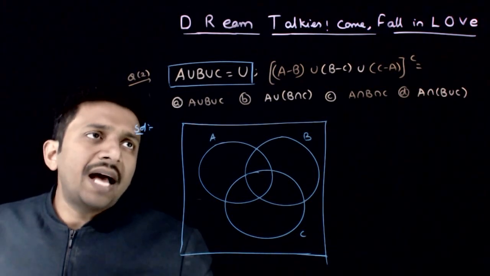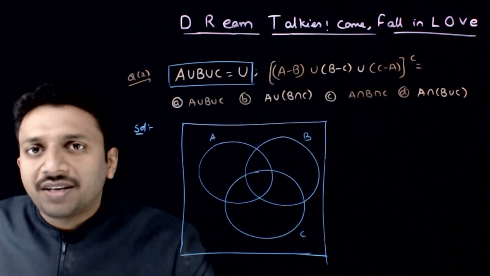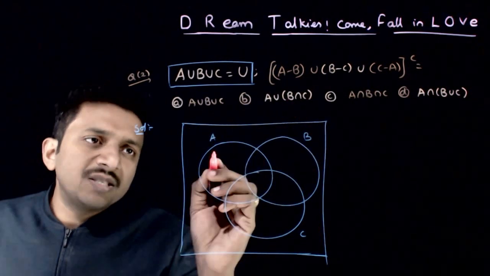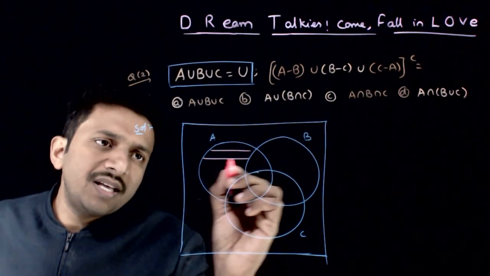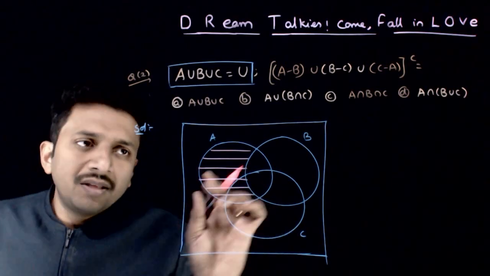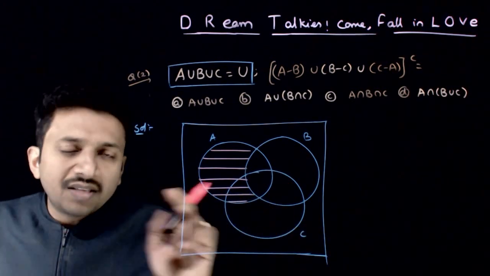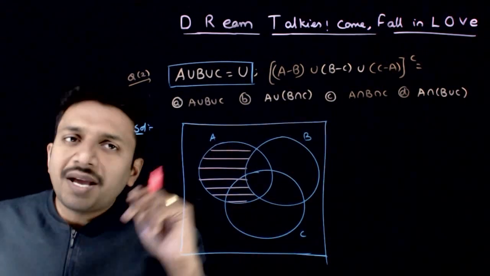Now you're asked to find A minus B union B minus C union C minus A. So what is A minus B? This is my A minus B, the elements present in A but not in B. What is B minus C?